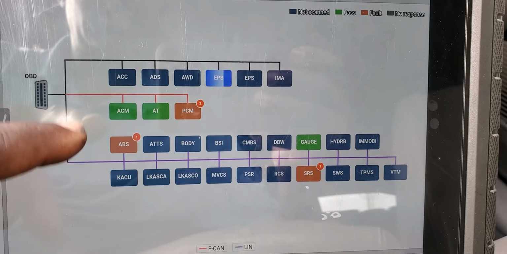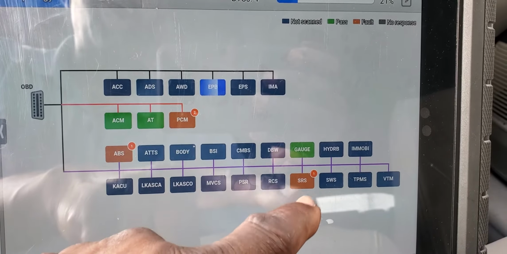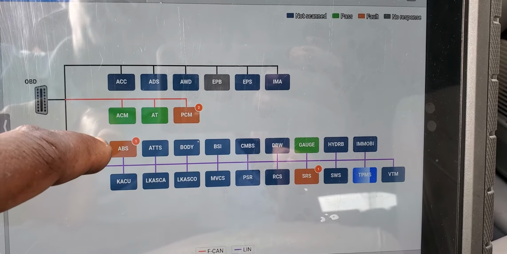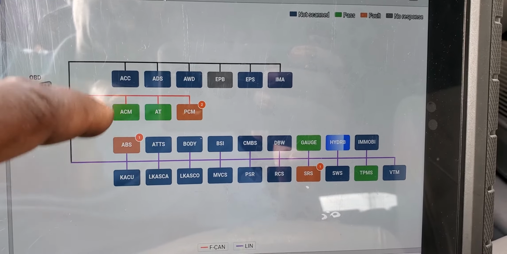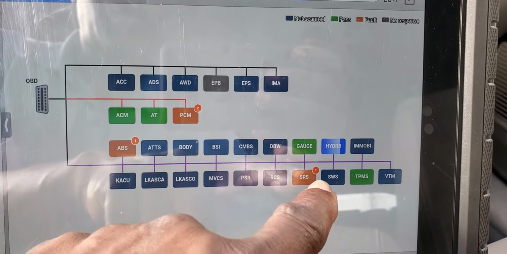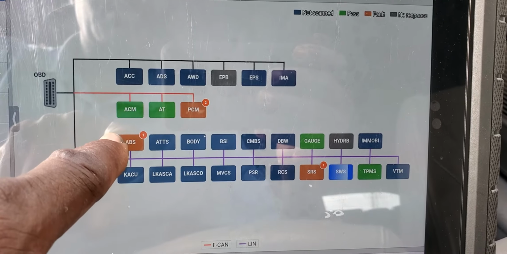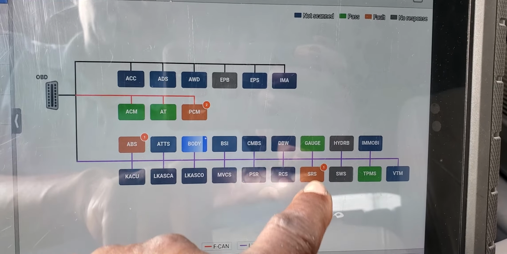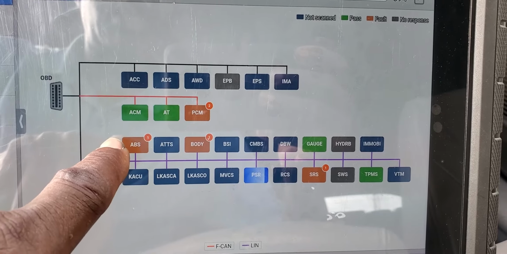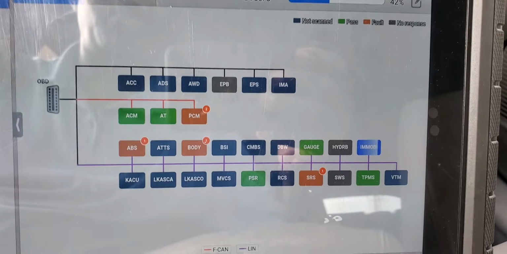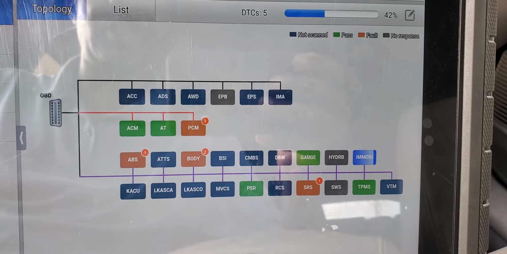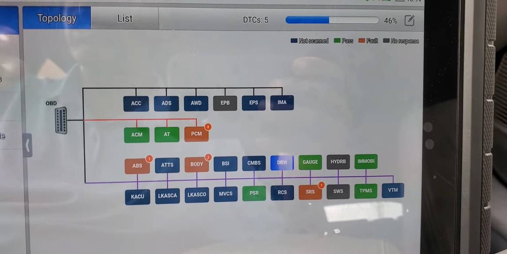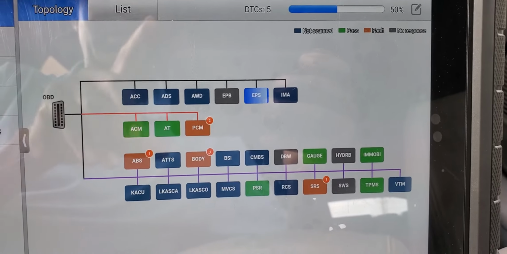Because the airbag looks at the ABS to see what speed it has to deploy the SRS. And this is why it goes to the gauge also. If you are driving 10 miles an hour, there is sometimes no reason for the airbag to deploy. This is not a severe accident.